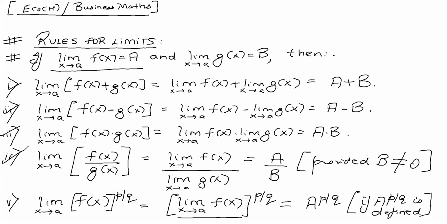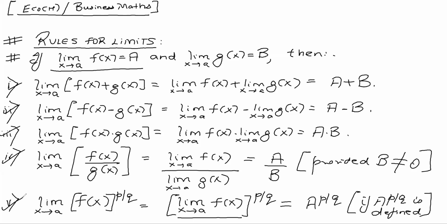Sir, please explain the last one once more. Okay. So what is the last rule telling us? The last rule basically is allowing us to take the limit inside the bracket.